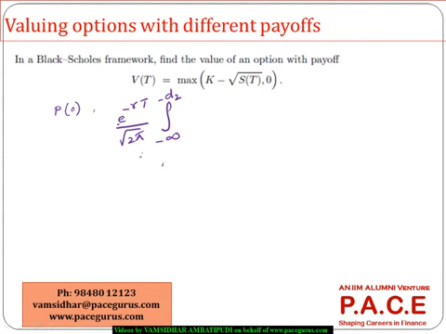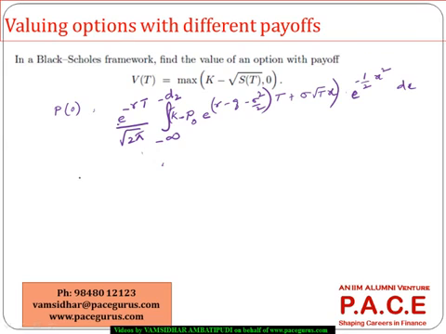I'm taking P0 e^((r minus q minus sigma squared by 2) T plus sigma root T x). So I want K minus PT, so that is the expected value. I'll do it as K minus this, and the density of a standard normal variable Z is e^(-x squared by 2) dx.